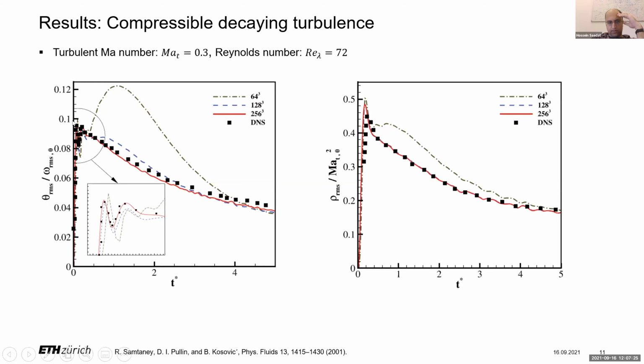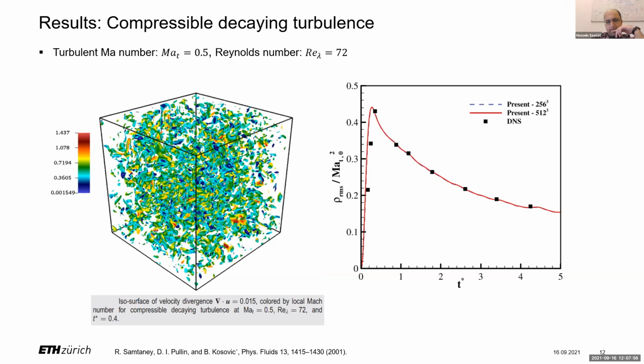Now we make the situation a bit more complicated by increasing the turbulent Mach number to 0.5 with the same Reynolds number. What happens in this case is that random shock waves known as eddy shocklets appear in the flow field.